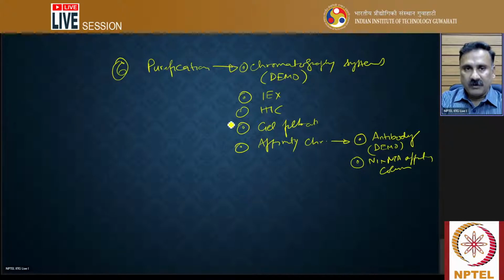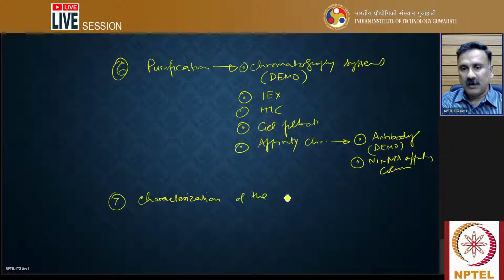And once we are done with the purification, then we have also discussed the characterization of the product. When we were discussing the characterization of the product, we discussed how you can characterize the protein, right?